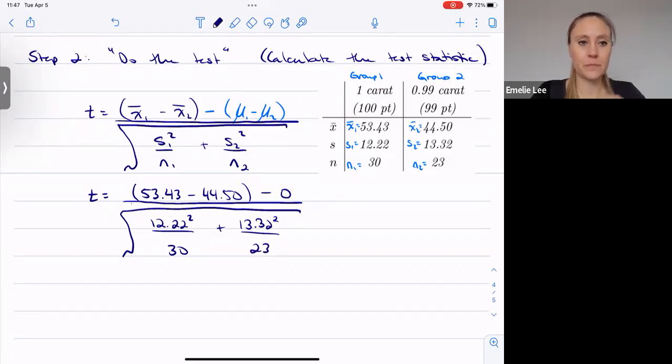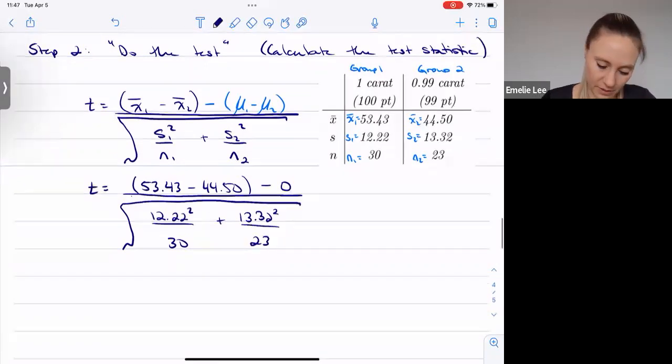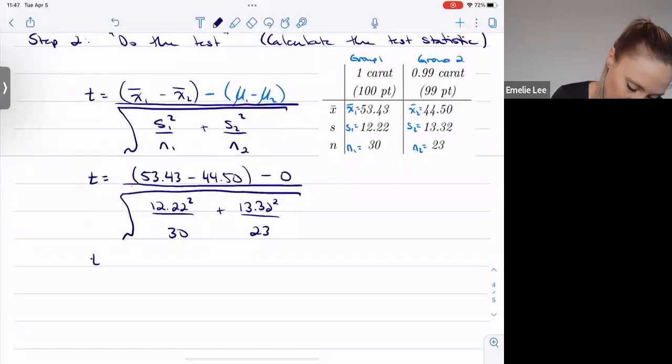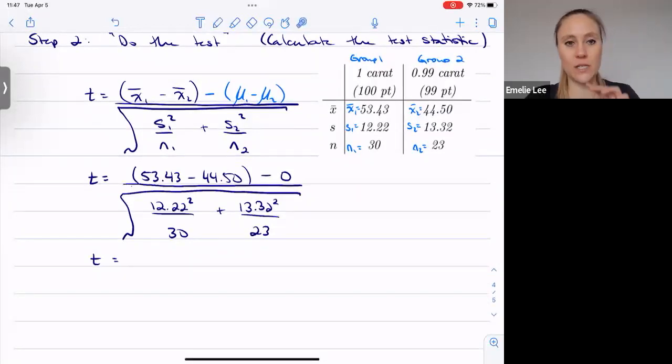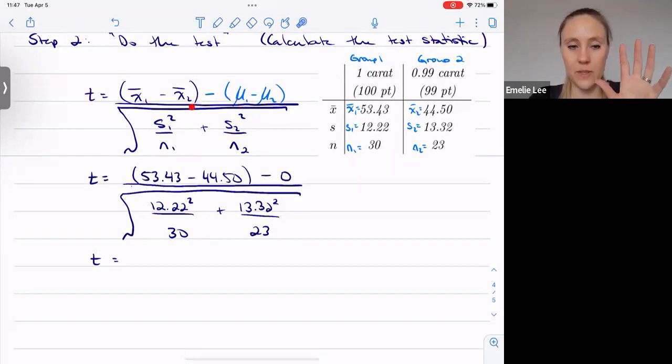Okay. Here we go. So T then, and usually what I do is I like to show the empty formula so that I show what I'm going to put stuff into, and then I show the numbers plugged in. Then you can skip straight down to the final answer if you want to.